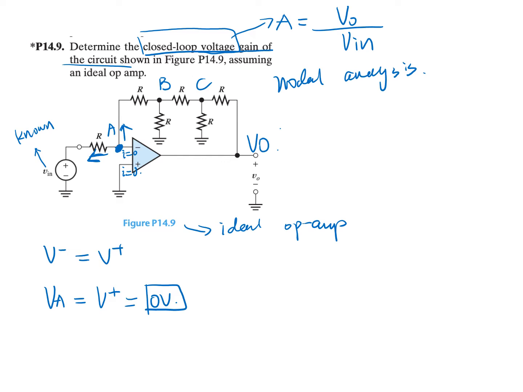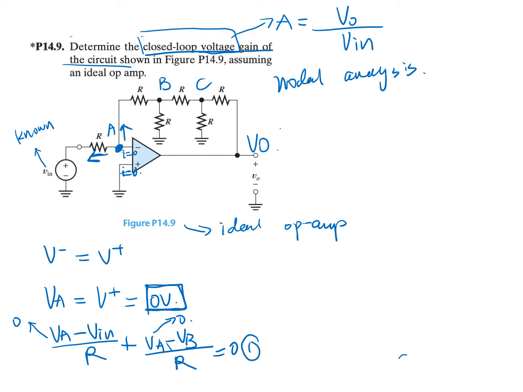So the first equation now becomes (VA minus Vin) divided by R plus (VA minus VB) divided by R is equal to 0. Here VA is equal to 0 because that's equal to the voltage value at the positive terminal. So this is our first equation.